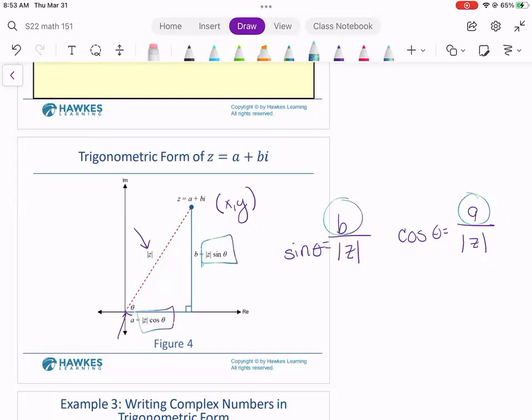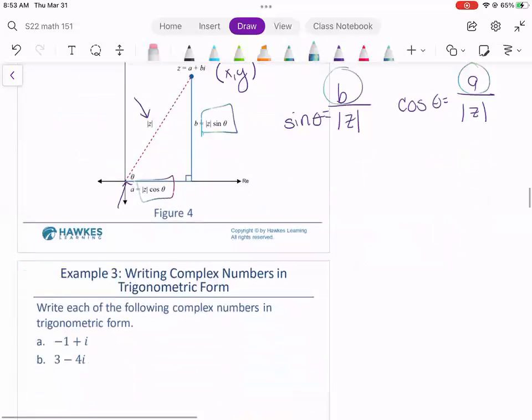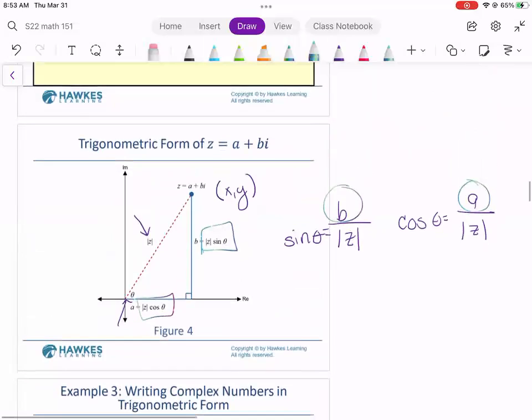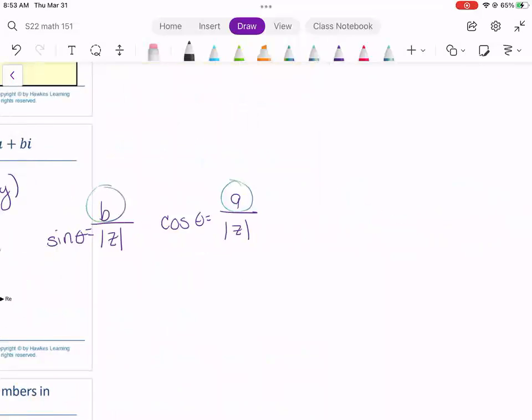What we can translate this into is our definition of complex numbers. We can define z equal to a plus bi, but we can say that z is equal to the magnitude of z times the cosine of theta, which is our a value, plus i times the magnitude of z sine of theta.